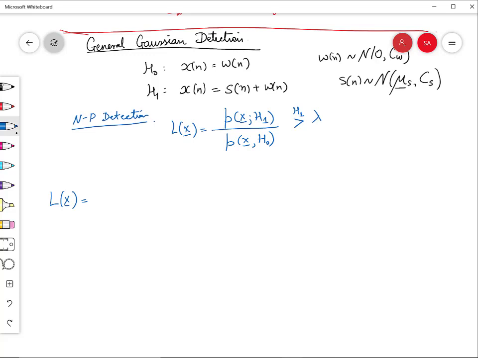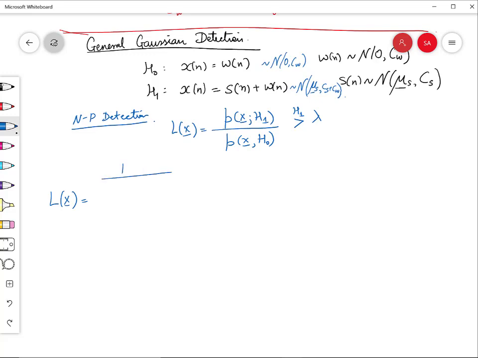Okay, one thing to note here is that my x[n] is distributed in a similar fashion. So this is N(0, Cw). My x[n] under hypothesis H1 is distributed, so the mean will shift now. Mean is mu_s, and covariances, as we know, add up. So this is Cs plus Cw here.